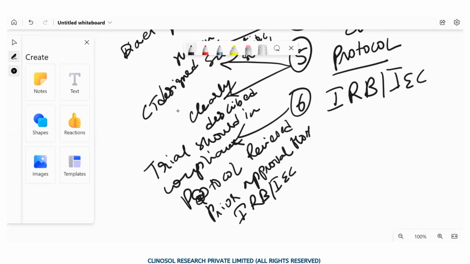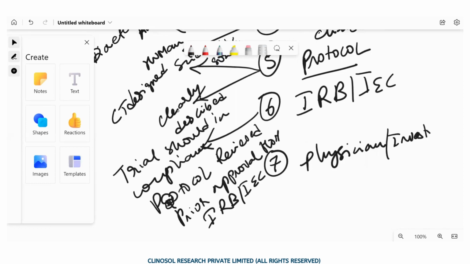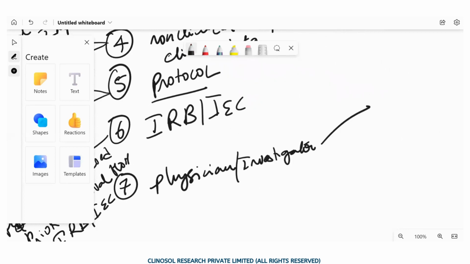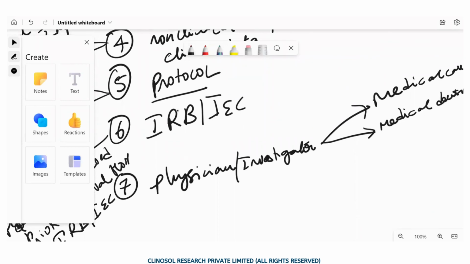Now 2.7, sorry, the seventh principle speaks about physicians or investigators. So the medical care and medical decisions. Two words: medical care and medical decisions. Medical care and medical decisions are the prime responsibility of a qualified, trained and experienced physician who is also called an investigator.